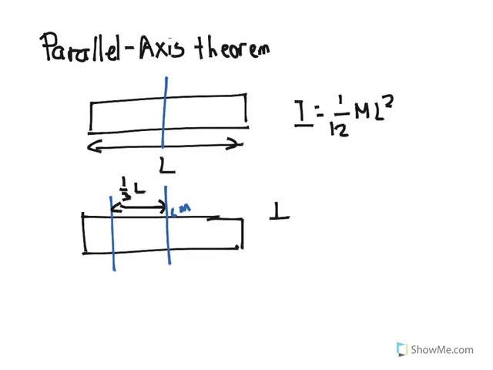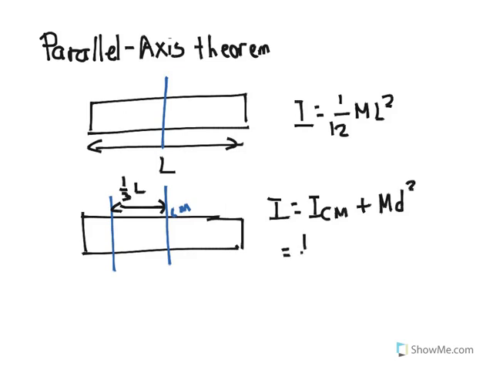So the moment of inertia is going to be given as the moment of inertia about the center of mass plus the mass times the distance that you moved the axis of rotation from the center of mass, squared.